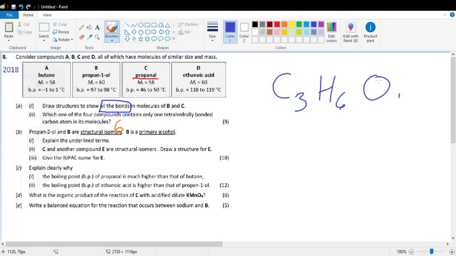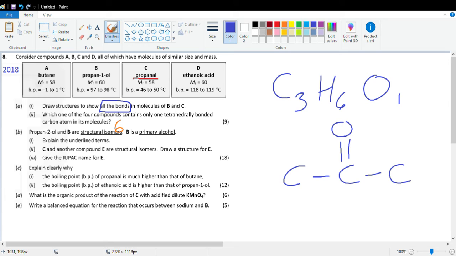O1. That's my molecular formula. That's the number of atoms that I have. And if I try to convert my aldehyde into a ketone, the only difference in a ketone is that we need to have the oxygen in the middle. So in our aldehydes, we need the oxygen attached to a carbon that has a hydrogen attached.